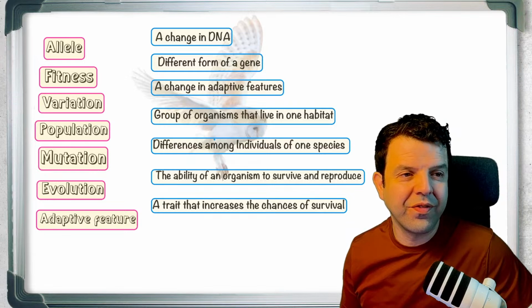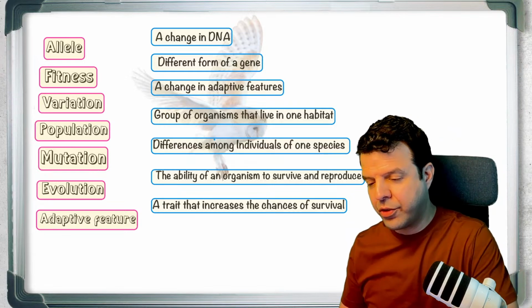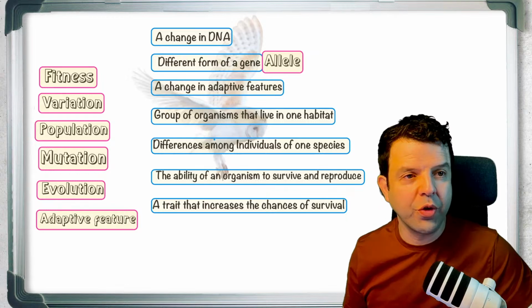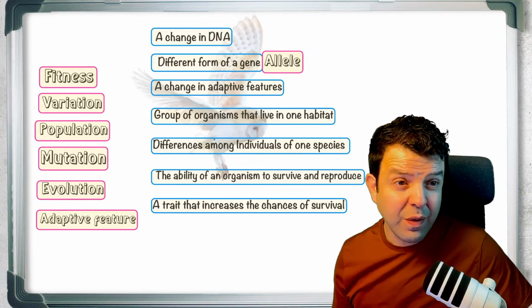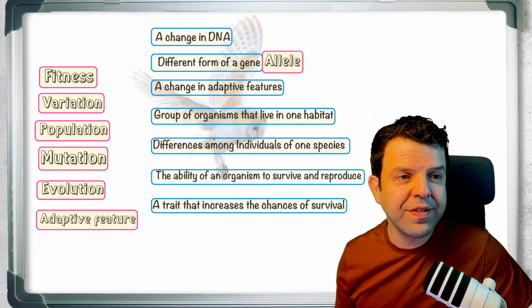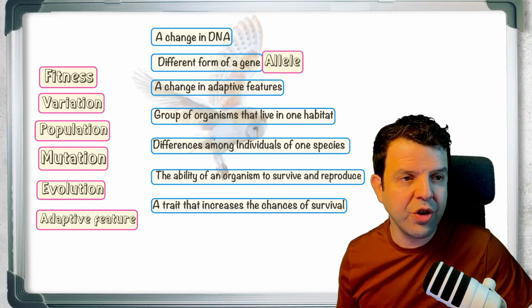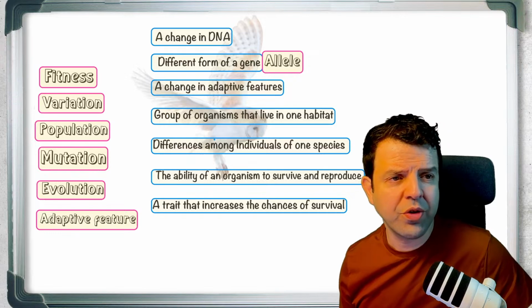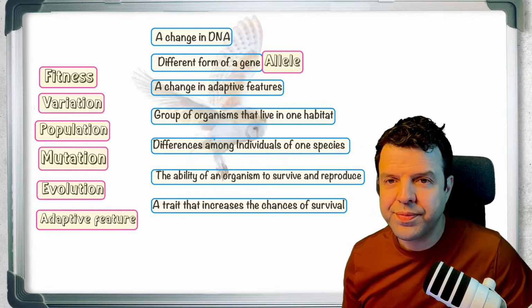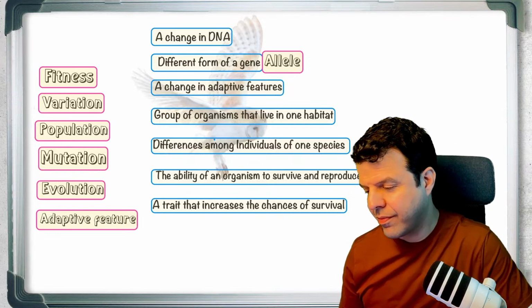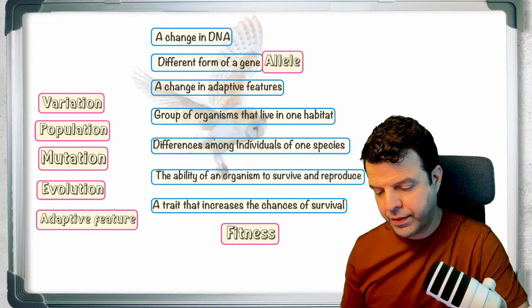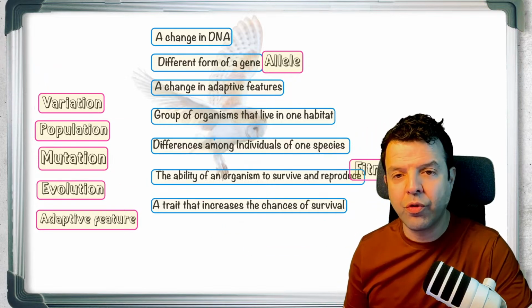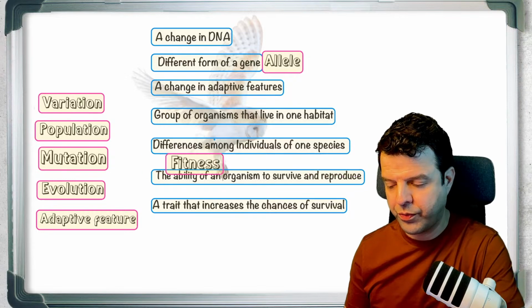A different form of gene. So allele is a different form of a gene. Good. Fitness was two things, right? Fitness is a combination of two events happening at the same time. So what is that fitness thing? The ability of an organism to survive and reproduce. That's right. So ability, survive, and reproduce.